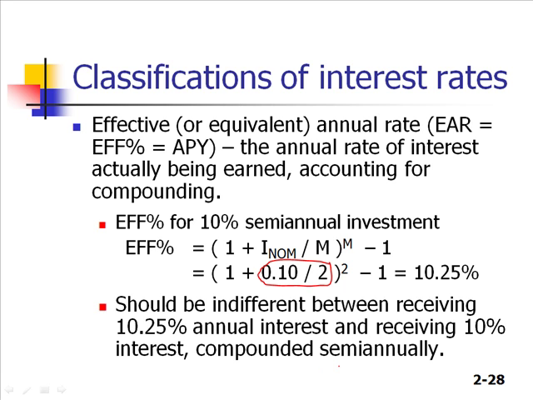Okay. What that tells you is that you would be just as well off receiving 10.25% interest annually as opposed to 10% interest compounded semi-annually. Either way, you would end up with exactly the same growth rate in your money.